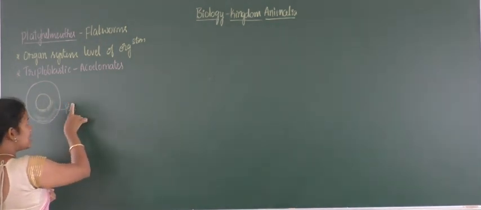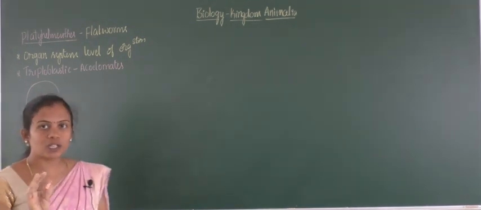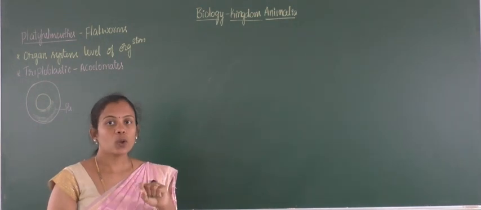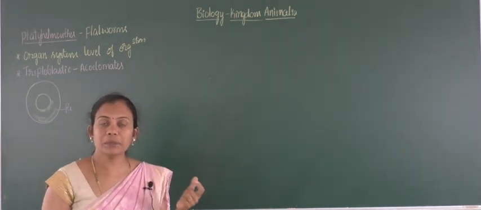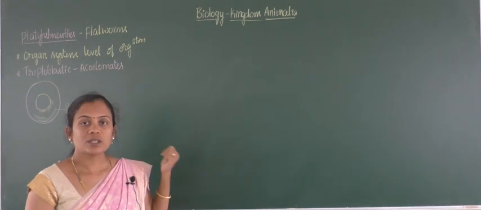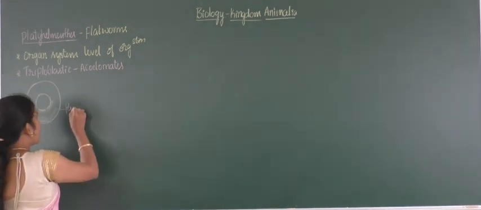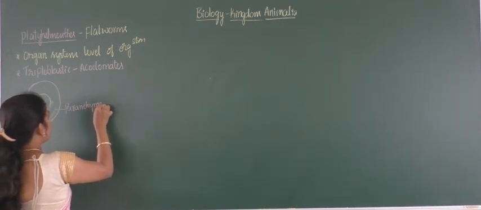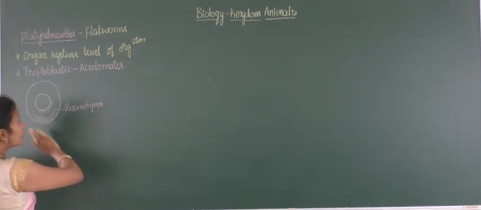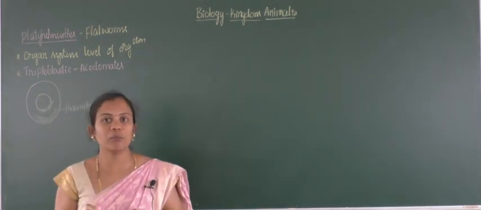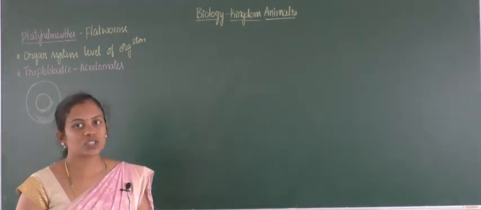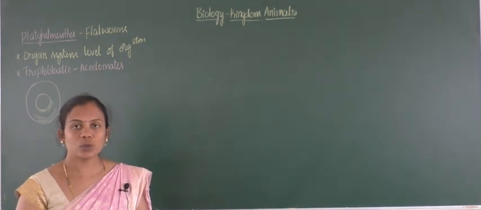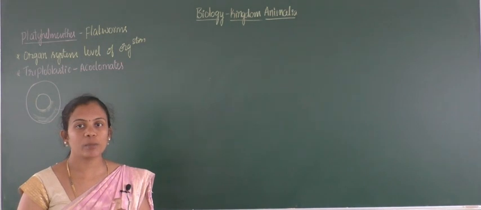parenchyma cells. As it is expressed in plant cells, in animal cells also we can say parenchyma cells will be there, and that forms the appearance of the mesodermal germ layer. So that's why these are called triploblastic animals, but are said to be acoelomate due to the absence of a complete mesodermal germ layer.